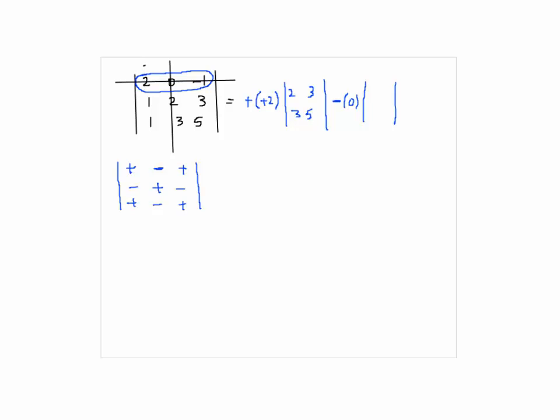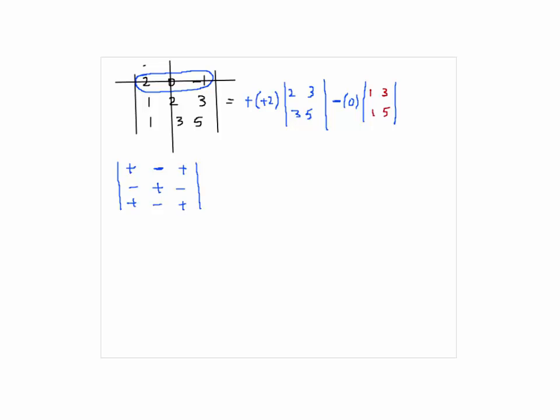You draw a vertical and horizontal line through the second element, and whatever elements these lines don't go across would be the minor matrix that you're looking for. So for the second one it would be 1, 3, 1, 5.